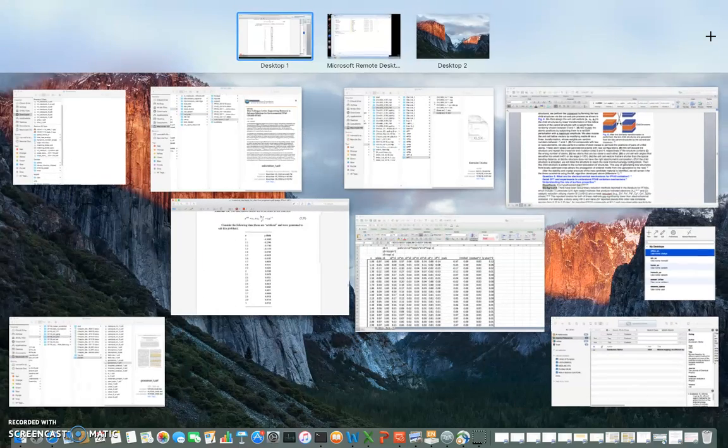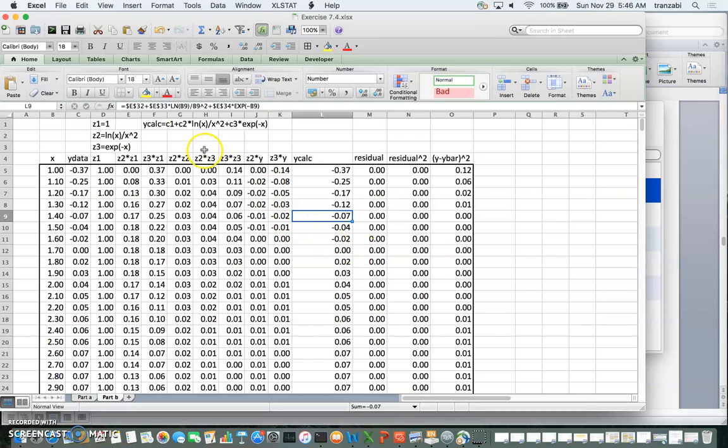Okay, so the solution to this is we have to convert the problem to be something like this. Instead of having log x over x squared, I'm going to lump that into a parameter, call it z2, and the exponential of minus x, I'm going to call that z3. And then, of course, z1 is the coefficient of the constant c1, so the coefficient for that is just 1.